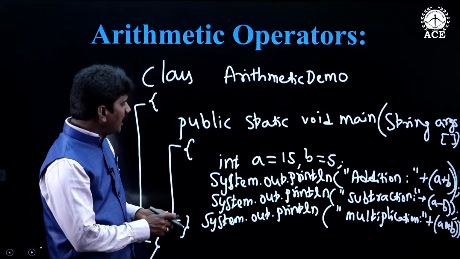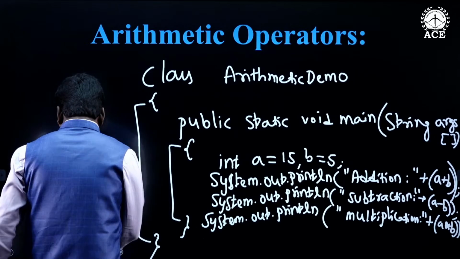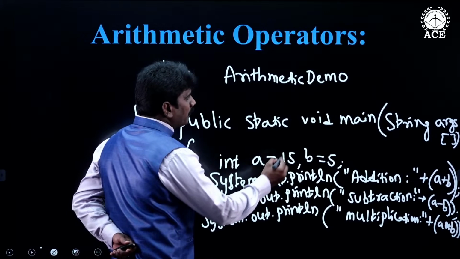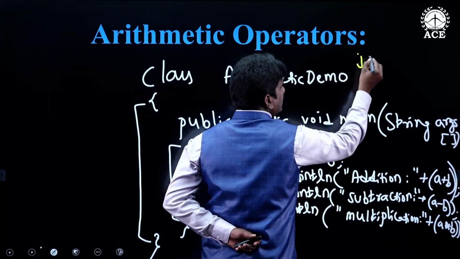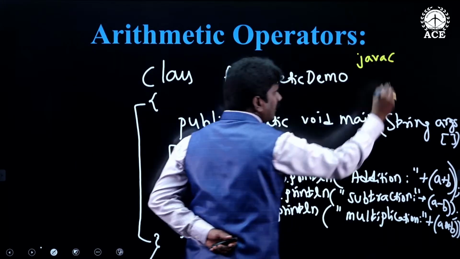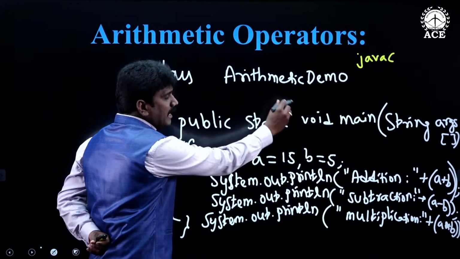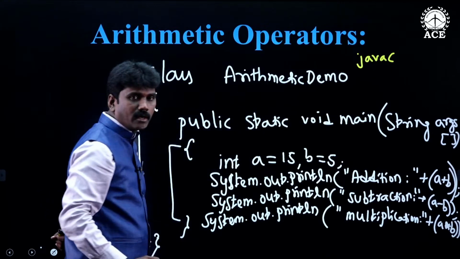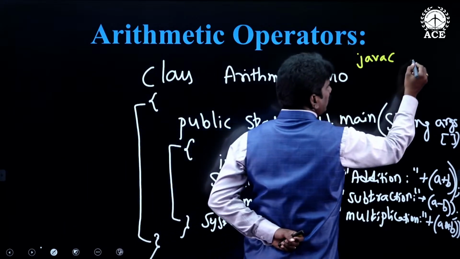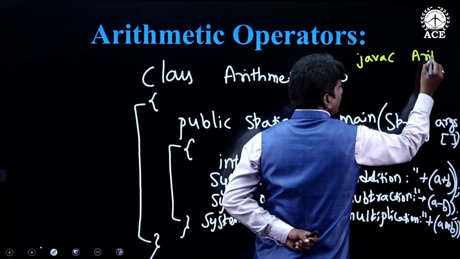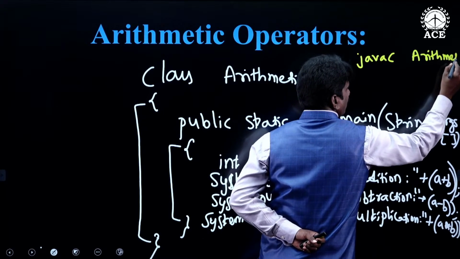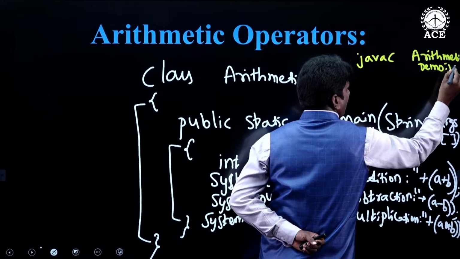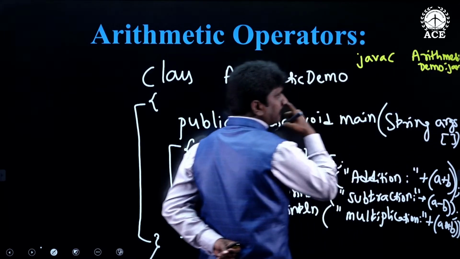And after that we have to compile the Java program. How to compile it? We can use the command javac, and then whatever the file name we have. Suppose this program is saved with the name ArithmeticDemo.java, then it is compiled like javac ArithmeticDemo.java.